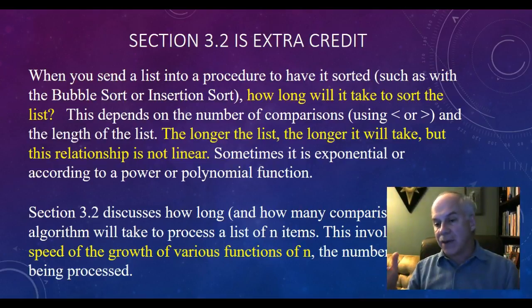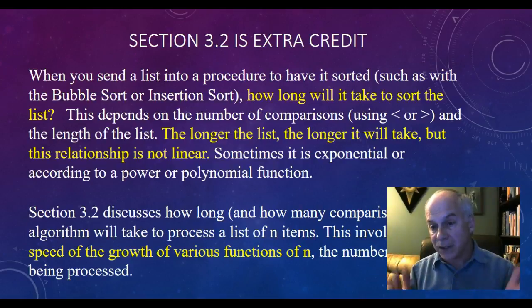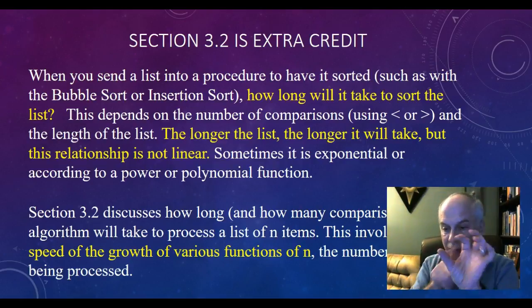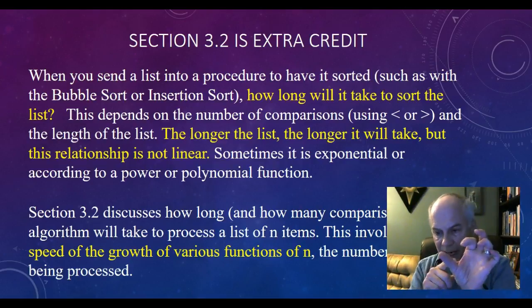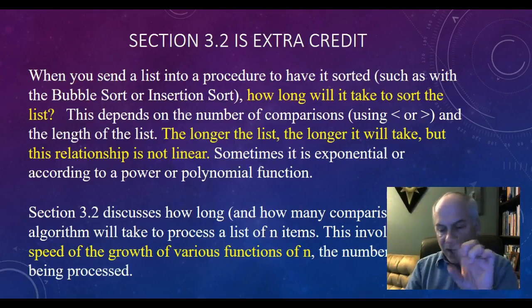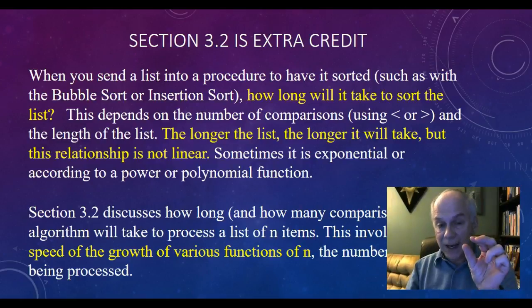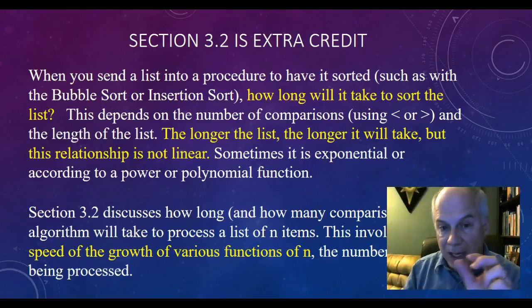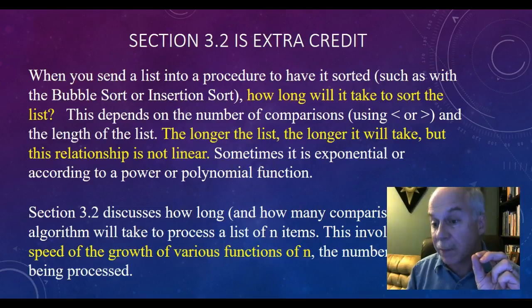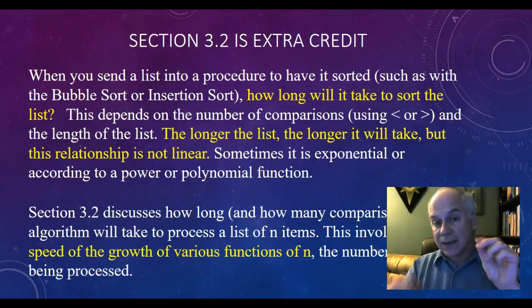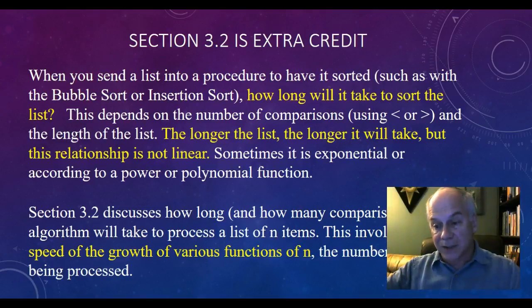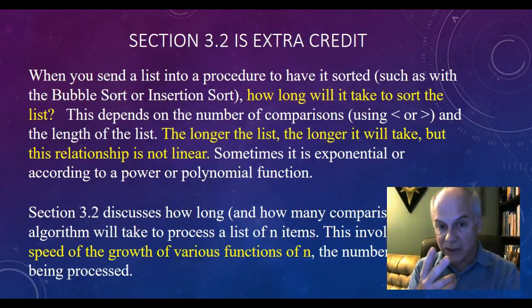This depends on the number of comparisons that it has to do, because every comparison where it has to decide, is this less than this or whatever, and then swap them, it takes processing time, right? It takes a little bit of time for the computer to process that comparison. So that would depend on the length of the list, because the longer the list you have, the more comparisons it has to do. As I said here, the longer the list, the longer it'll take.